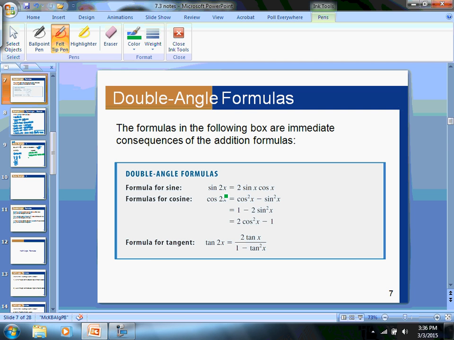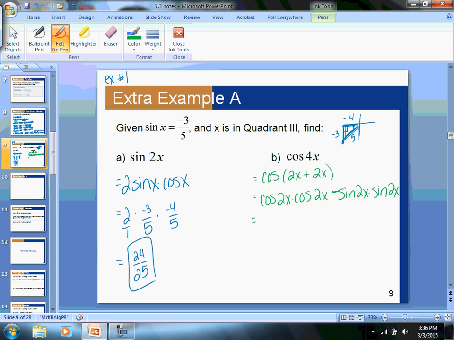Now the problem, they gave me information about sine, so I'm going to use this second formula here, the 1 minus 2 sine squared x. So I'm going to substitute this cosine 2x with 1 minus 2 sine squared x. Now I have 2 of them. I have cosine 2x times cosine 2x, so that's like cosine 2x squared. So I'll just square that.